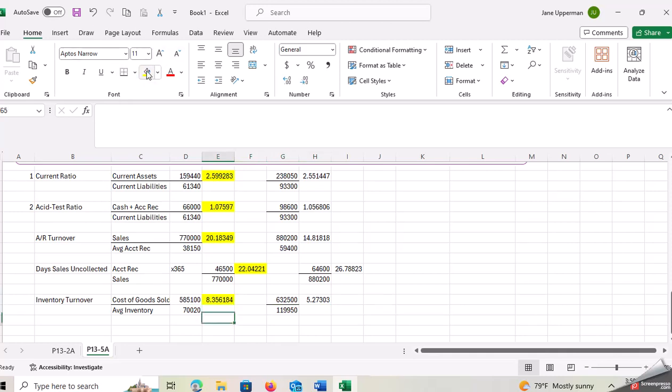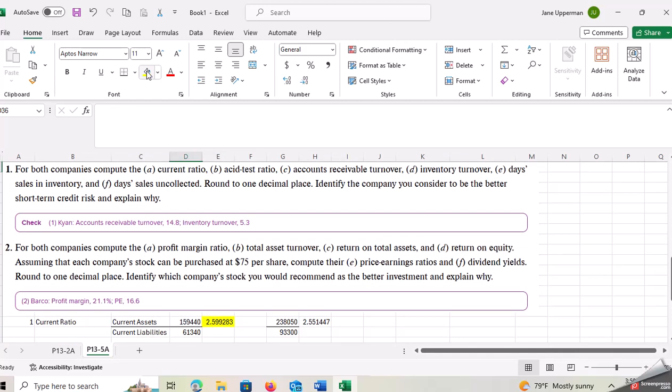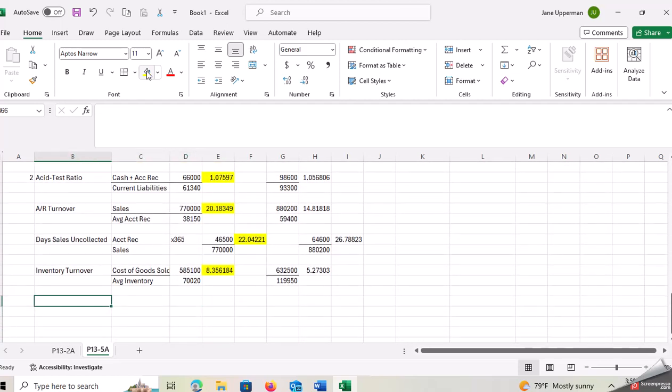The higher, the better. Then the days sales in inventory, is that what our other one is? Yep, so days sales in inventory goes along with this one. I like them in a little different order than what they put them in. It's very comparable to the accounts receivable we did up here.